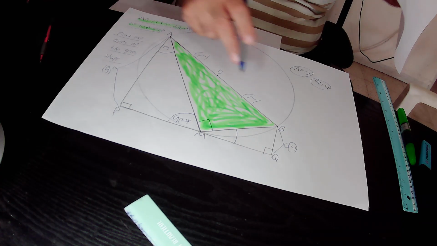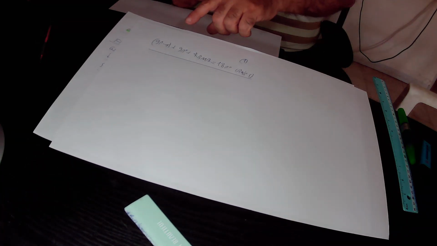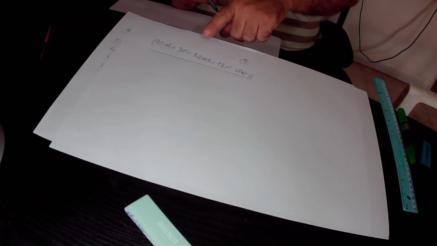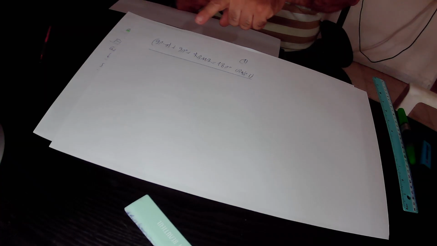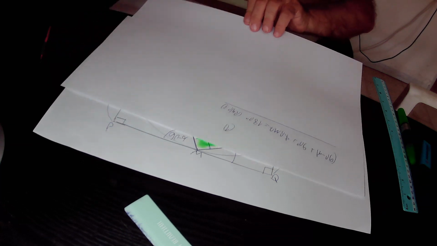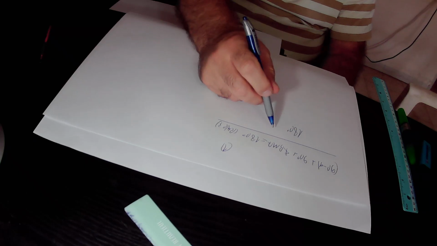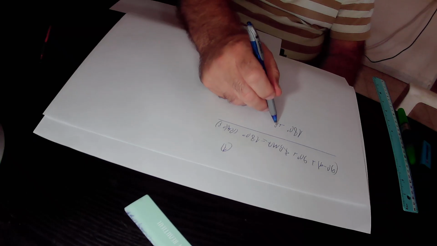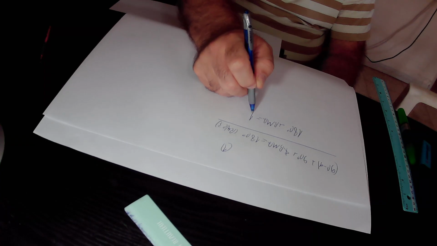That is to say, 90 degrees minus alpha plus 90 degrees plus the missing angle BMQ in total must be equal to 180 degrees. 90 degrees plus 90 degrees is 180 degrees, so we have 180 degrees minus alpha plus the missing angle BMQ, in total equal to 180 degrees.